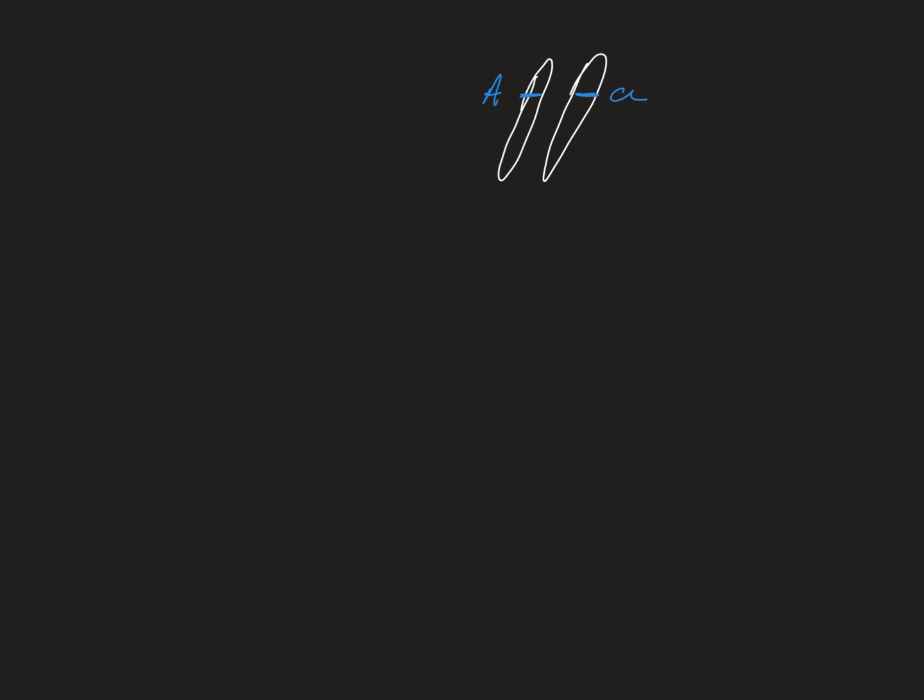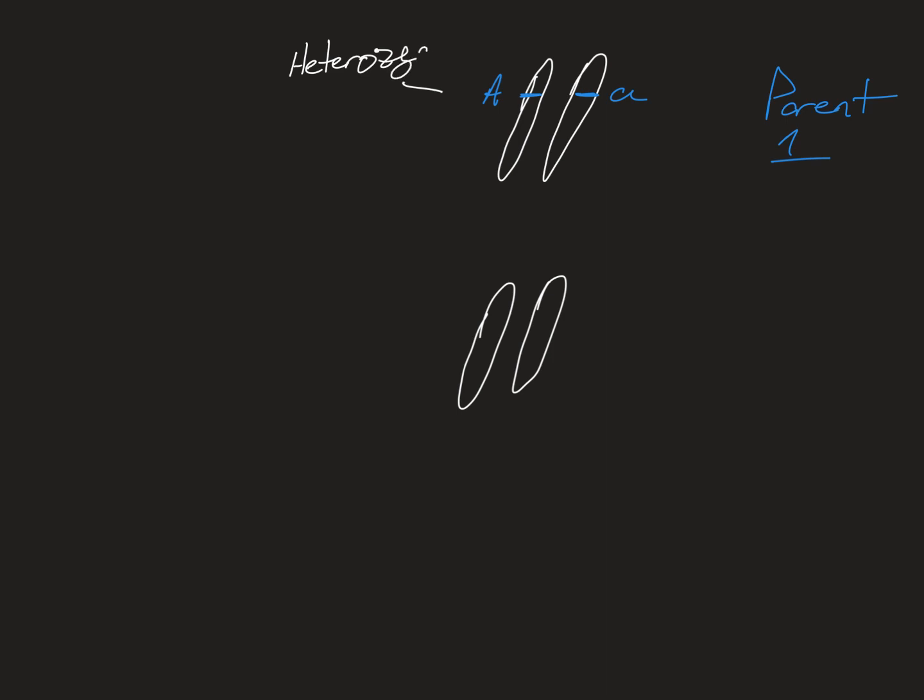If one person, parent 1, got a big A from their mom and a little a from their dad, or however they inherited that, they are heterozygous. That's another vocabulary word that's on the board. It's been on. Heterozygous means different. So you have a big A and a little a.